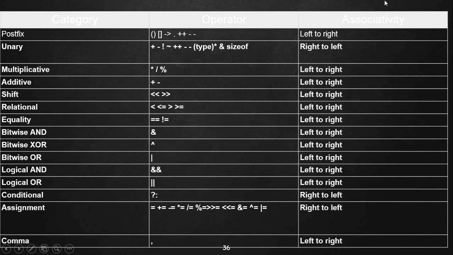This table indicates the operators with their associativity, and the different operators in each row indicate operators with the same precedence. These operators have the same precedence, and this set has the same precedence, and so on. Moving from top to bottom, the precedence or priority of the operators is reduced.